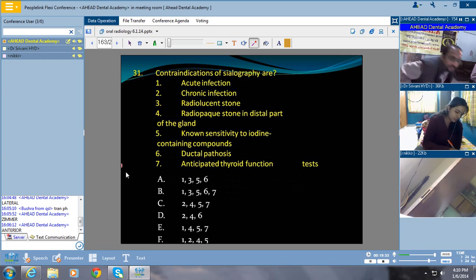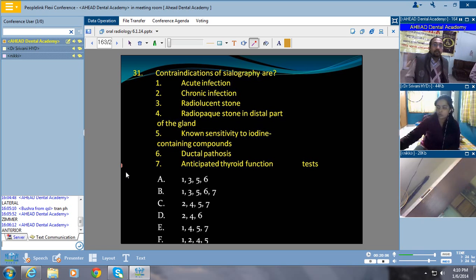Thirty-first: contraindications of sialography. What is sialography? It is an imaging diagnostic procedure in which we do imaging of the salivary glands. Remember, sialography is never done in acute infection. It is only done in chronic infection.